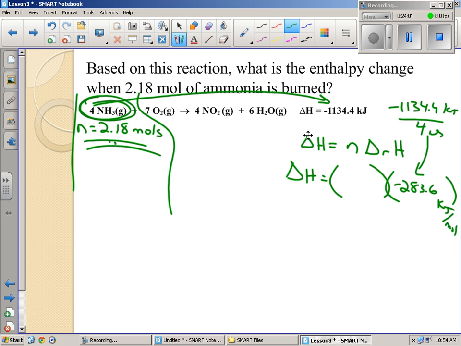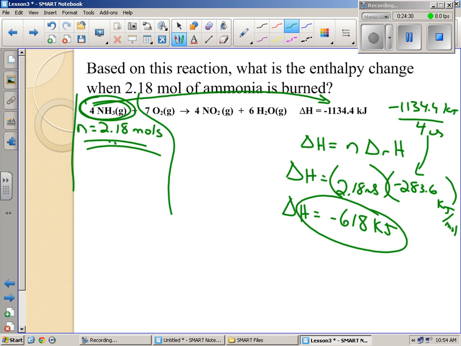How many moles? Basically what they're saying is you get 283.6 kilojoules for every 1 mole of NH3 that you burn. Well, it turns out I'm burning 2.18 moles. So we multiply those two together, of course, and we get 2.18 times negative 283.6, and we get negative 618, by the way, don't forget the negative, please.